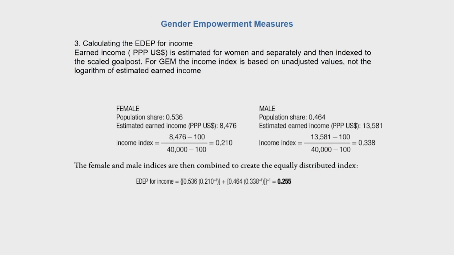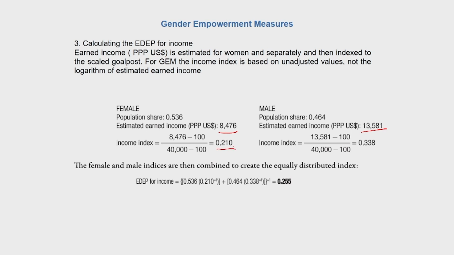Okay, and then the final one, the income dimension, female and male share. This is the estimated earned income in terms of purchasing power parity, 8,476 for females, 13,581 for males. Income index is based upon the range equalization method: actual minus minimum divided by maximum minus minimum. This data is taken from pre-2016, which is why you see the difference in maximum income, which was 40,000 for a large part of the 2000s.